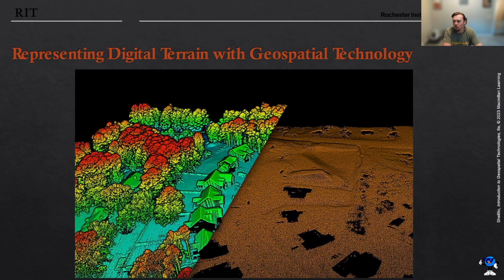In geospatial technology, terrain and landscape features can be represented by more than just contour lines on a map. A digital terrain model is a model of the landscape that is used in conjunction with GIS or remotely sensed imagery. The function of a DTM is both to represent the features of the landscape accurately and to be a useful tool for analysis of the terrain.